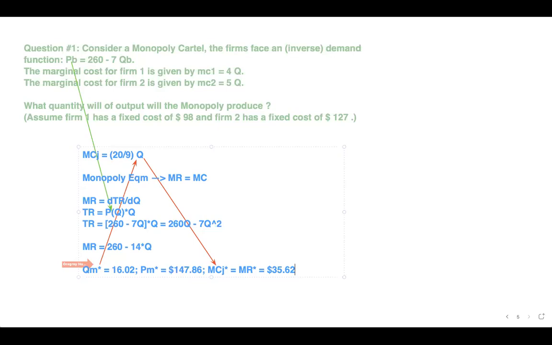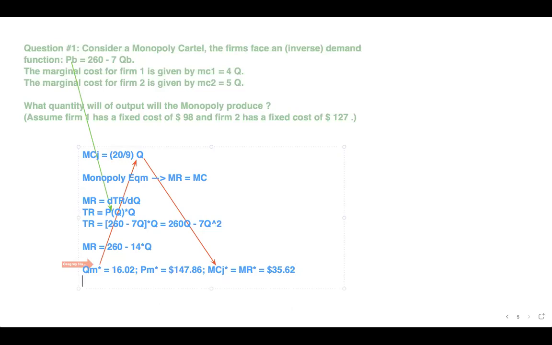Yes. Yeah, and it looks good to me, because 20 divided by 9 is almost 2, right? And 16 times 2 is 32. So it's close. It's a little bit more than 2 because the denominator is smaller. So yeah, that looks right to me.